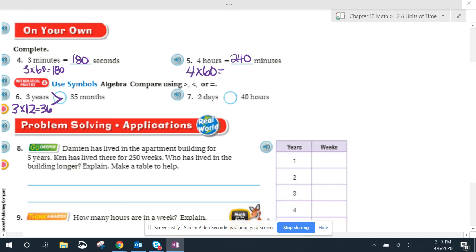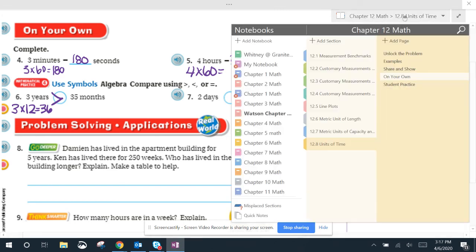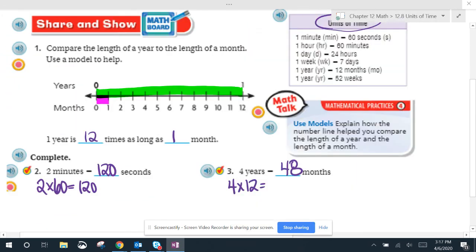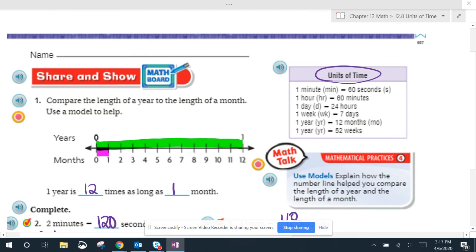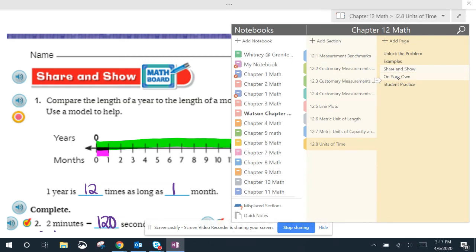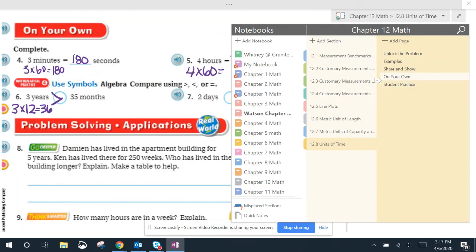And last but not least, number 7, 2 days versus 40 hours. Well, if I go back and look at my table on the share and show section, which is the top of your page, we have 1 day equals 24 hours, which most of us should know off the top of our heads.